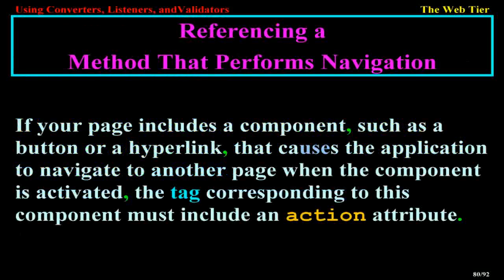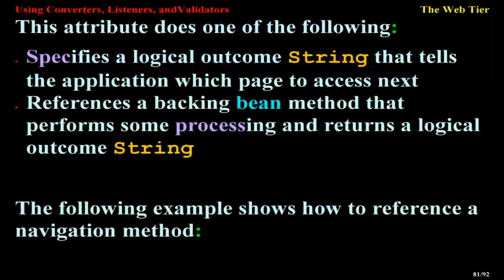If your page includes a component, such as a button or a hyperlink, that causes the application to navigate to another page when the component is activated, the tag corresponding to this component must include an action attribute. This attribute does one of the following: specifies a logical outcome string that tells the application which page to access next, or references a backing bean method that performs some processing and returns a logical outcome string.